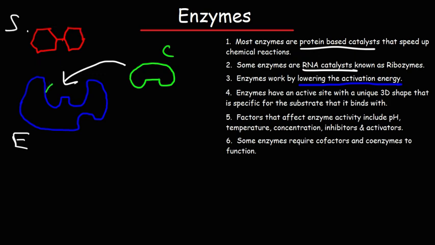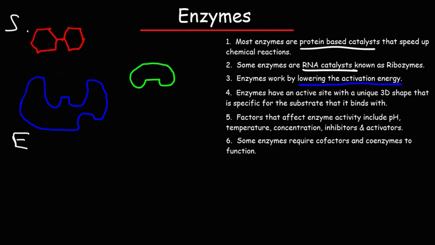So that will be an example of a competitive inhibitor. If it bonds to the active site, the substrate can't get in, and so it prevents the substrate from interacting with the enzyme. So that's why they're competitive inhibitors. The inhibitor competes with the substrate for the same active site.